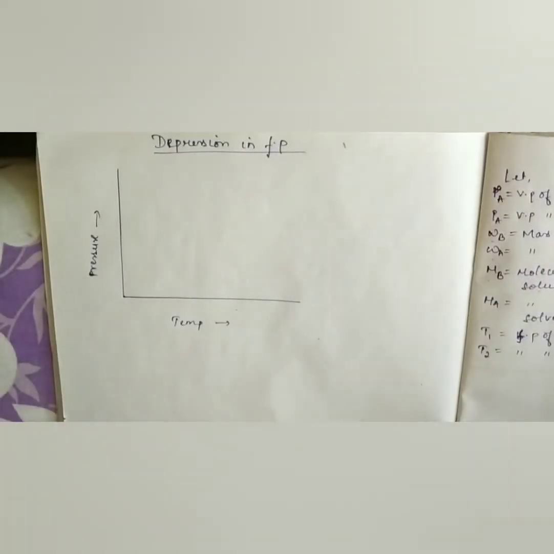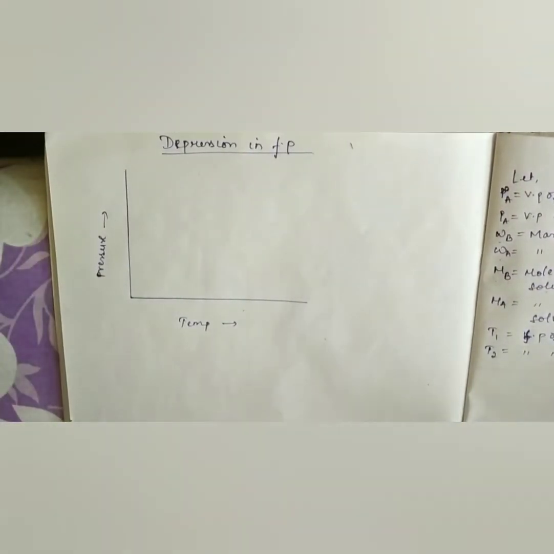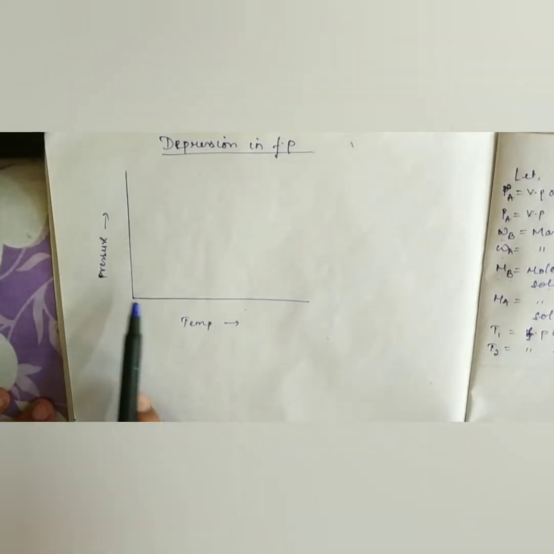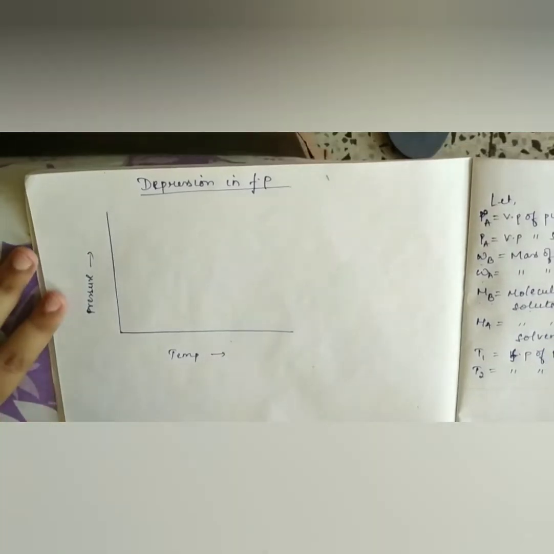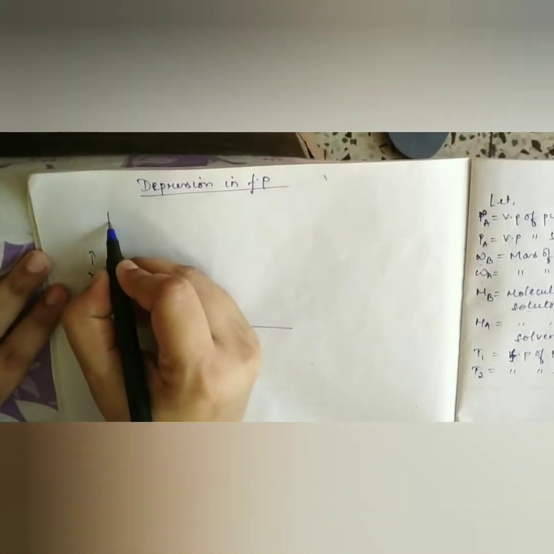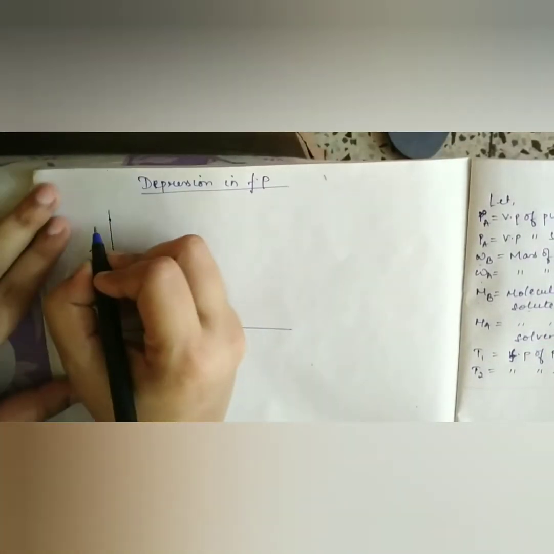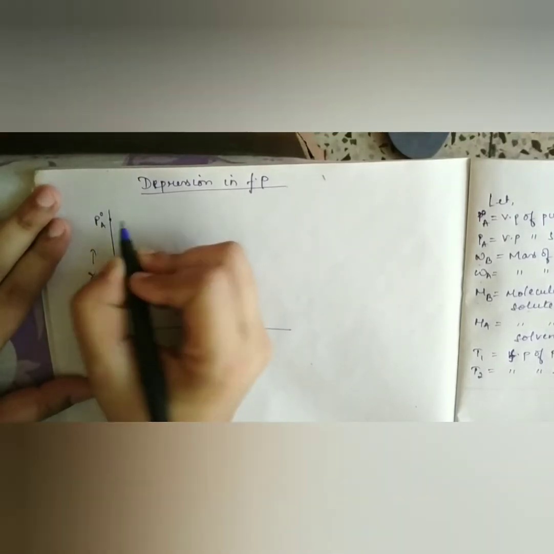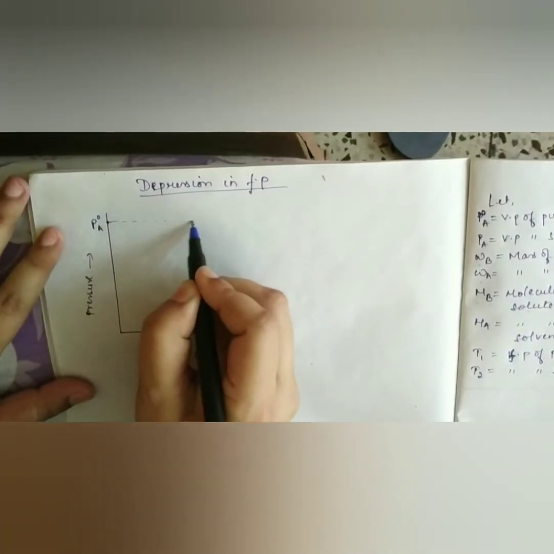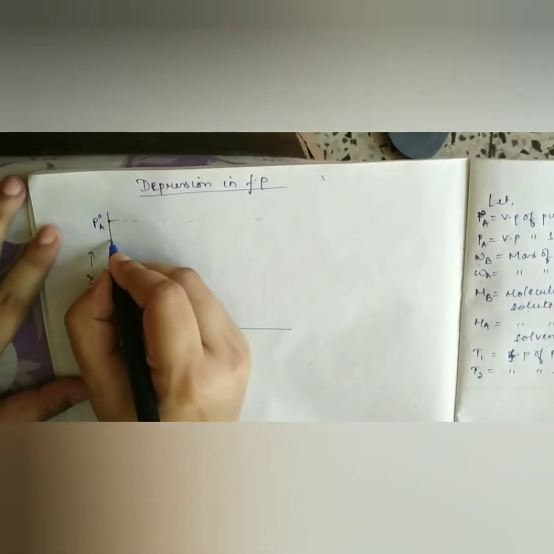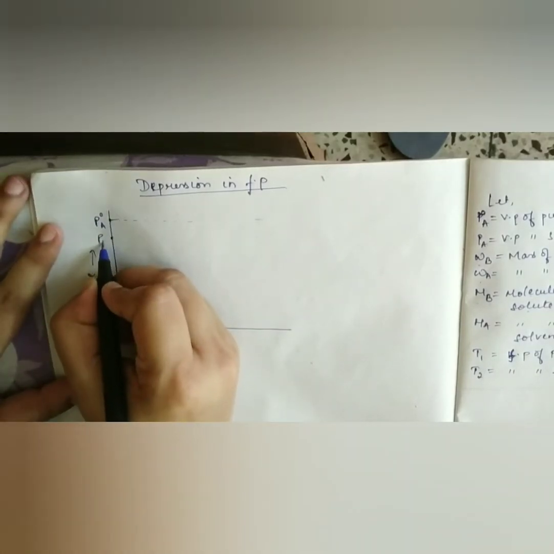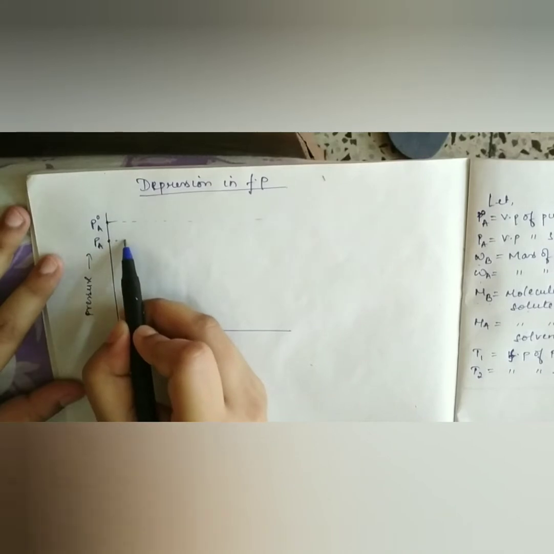So let us try to show this depression in freezing point graphically. Again, I have taken this graph. The x coordinate is representing temperature and the y coordinate is representing pressure. Now I am marking the vapor pressure of the pure solvent, which is P naught A, here, and definitely the value of PA will be less than P naught A, so I am marking it somewhere here.